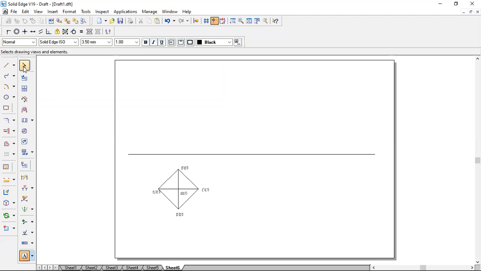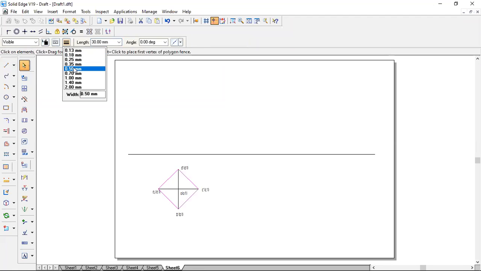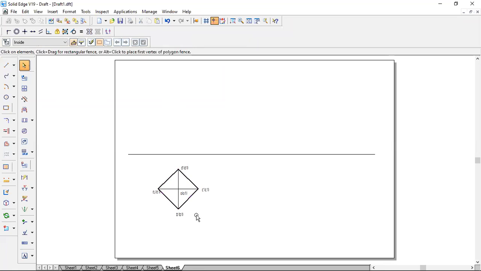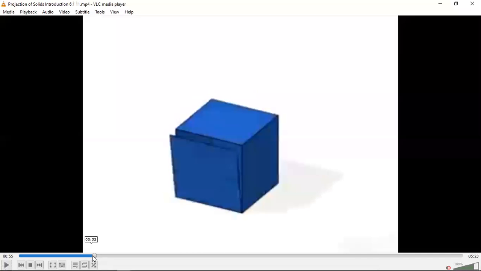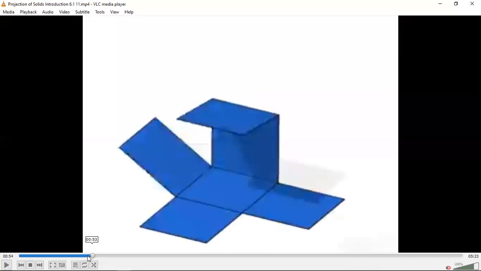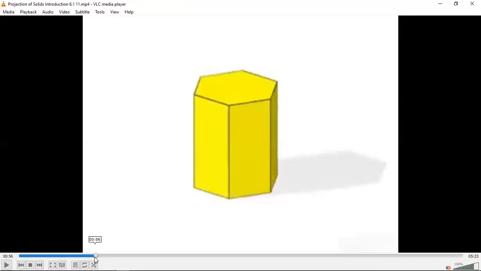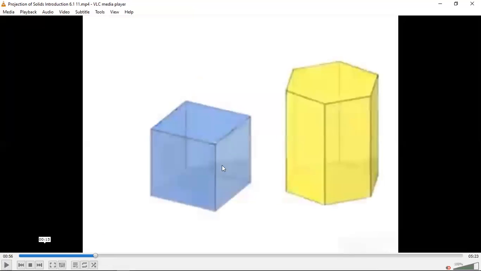Once you draw all this and the naming is done, now tell me what a body diagonal is and what a face diagonal is. In this cube, this has one square face.